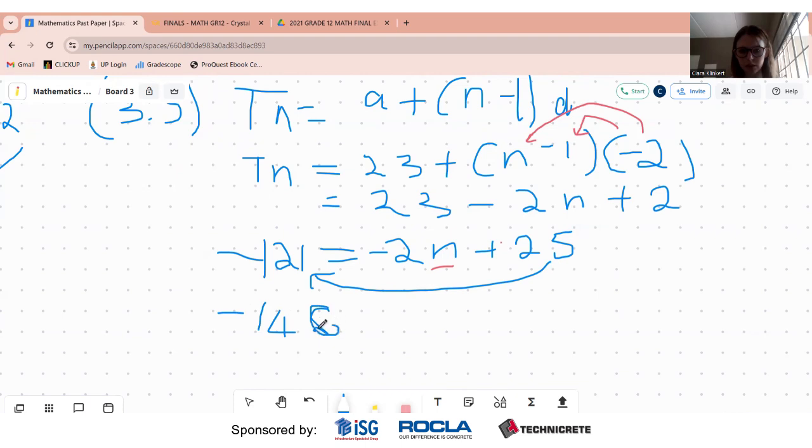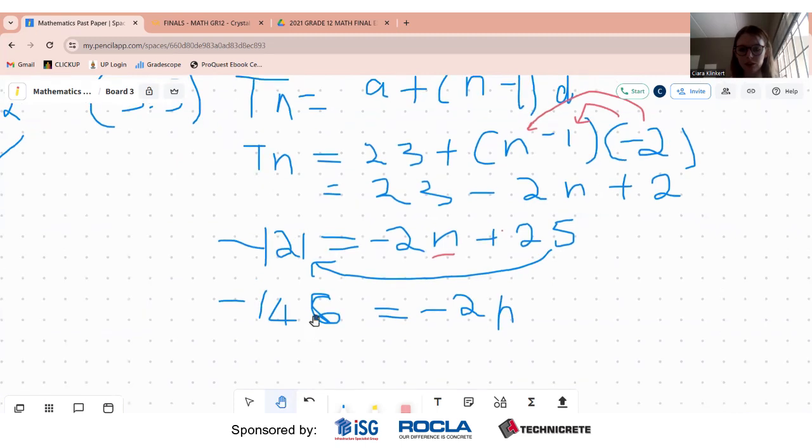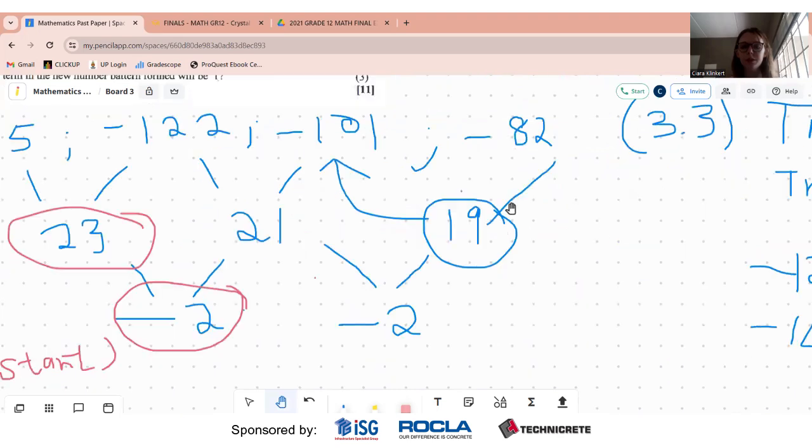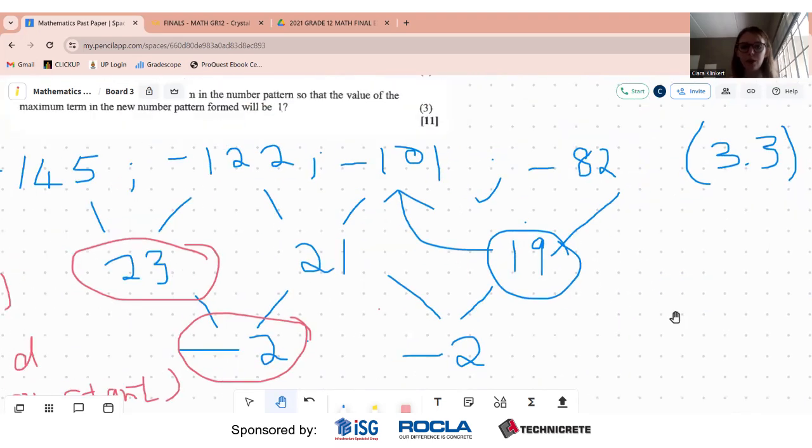Now to get n alone, I must divide out by minus 2. And I get that n is equal to 73.